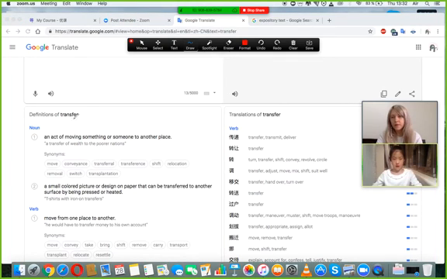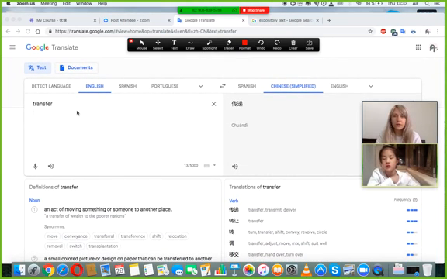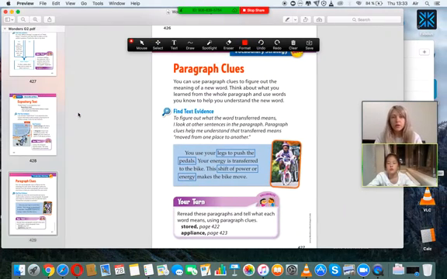Let's read the definition of a noun. A fact of moving something somewhere to another place. And as a verb, move from one place to another. That's right. So when we are moving something from one place to another, we are transferring or making a transfer. So as a noun, it's a transfer. As a verb, it's to transfer. And transferred means that something was moved from one place to another.